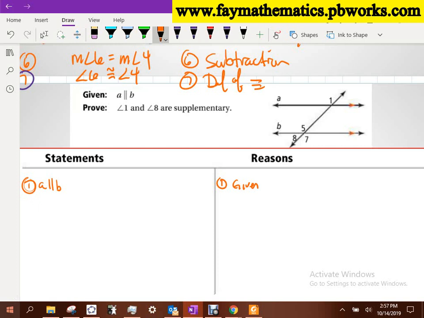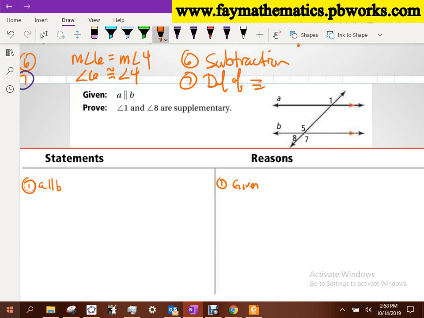The only things parallel gives us are those four arguments: corresponding angles are congruent, alternate interior angles congruent, alternate exterior angles congruent, and same side interior angles supplementary. So in trying to prove angles 1 and 8 supplementary to one another, once I see the word parallel here, maybe I want to start using some of those things.